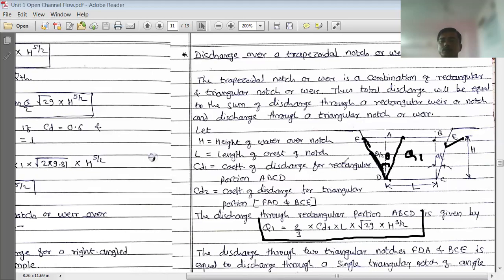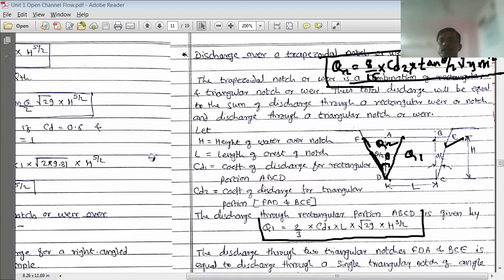What is the formula that we have derived for the triangular notch? Let us consider this discharge as Q2. So Q2 is equal to 8/15 into CD2, the coefficient of discharge for this notch, into tan theta by 2, into root of 2g into H raised to 5/2. This is the actual discharge through the triangular notch, and Q1 is the discharge through the rectangular notch.